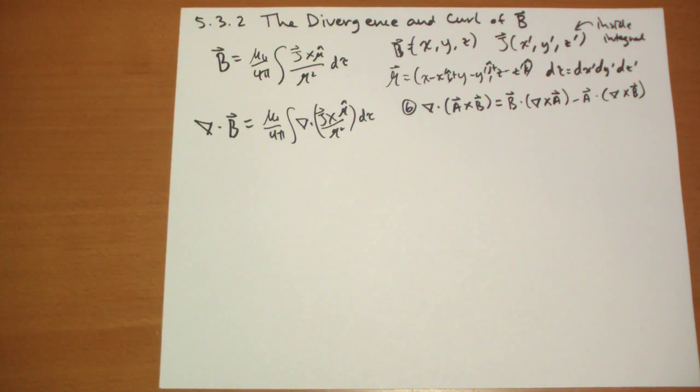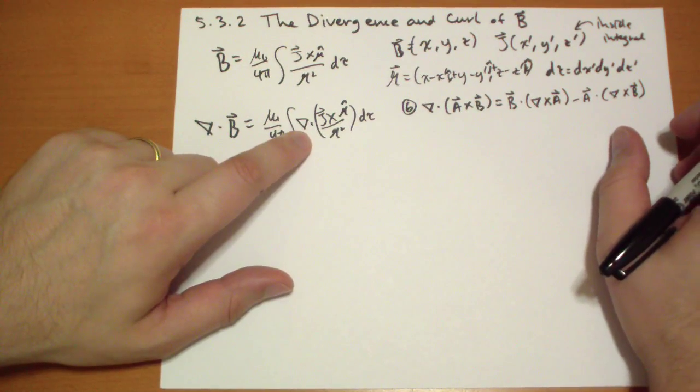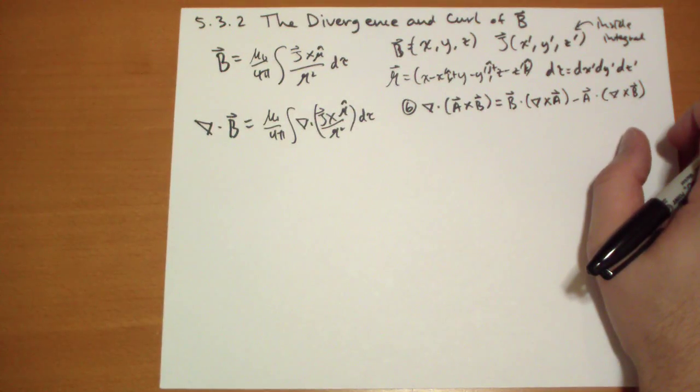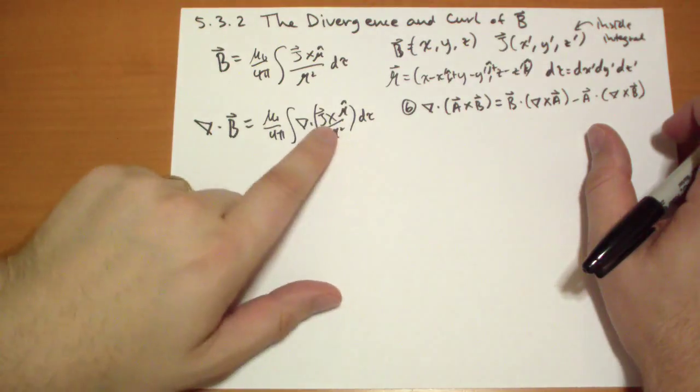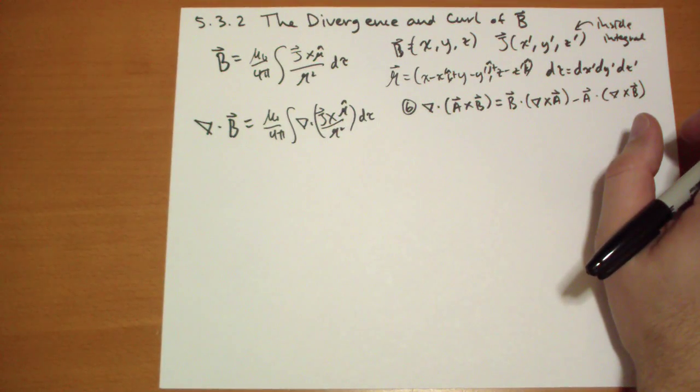Looking at this, this is indeed the divergence of a cross product where A vector is J and B vector is r hat.